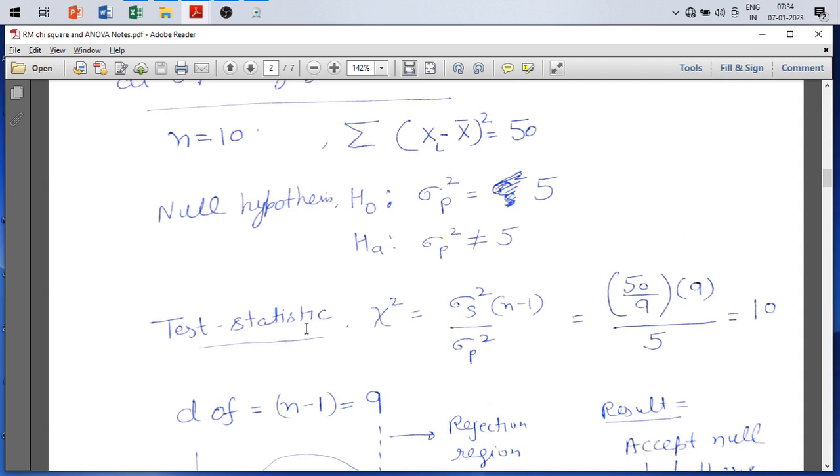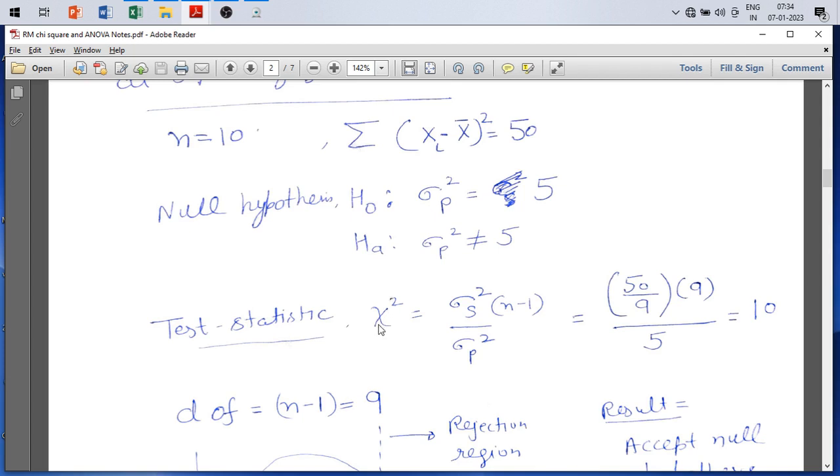So the parameter is a characteristic of the population, and a statistic is a characteristic of the sample. In this case, we are working out the chi-square statistic. Chi-square is defined, as we discussed previously, as x1 square plus x2 square plus x3 square.